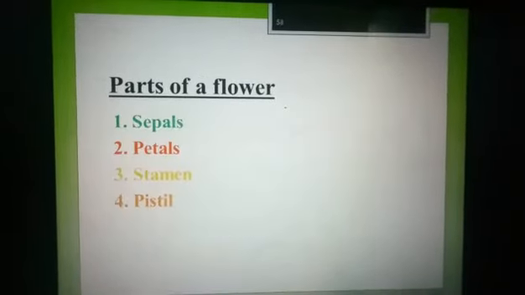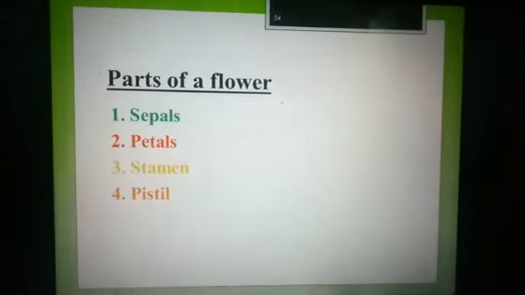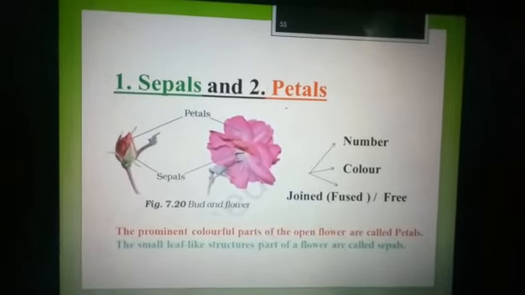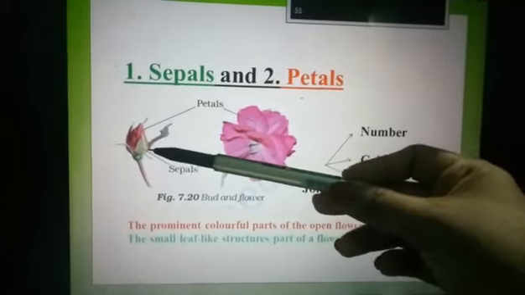Next we have parts of flowers. Here we have sepals, petals, stamen, and pistil, 4 parts. Next we have sepals and petals. Here we have a flower and then the bud condition, right?